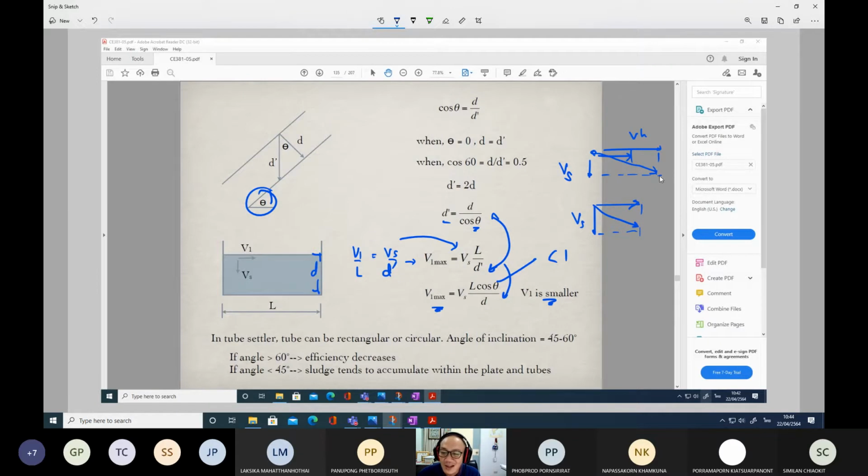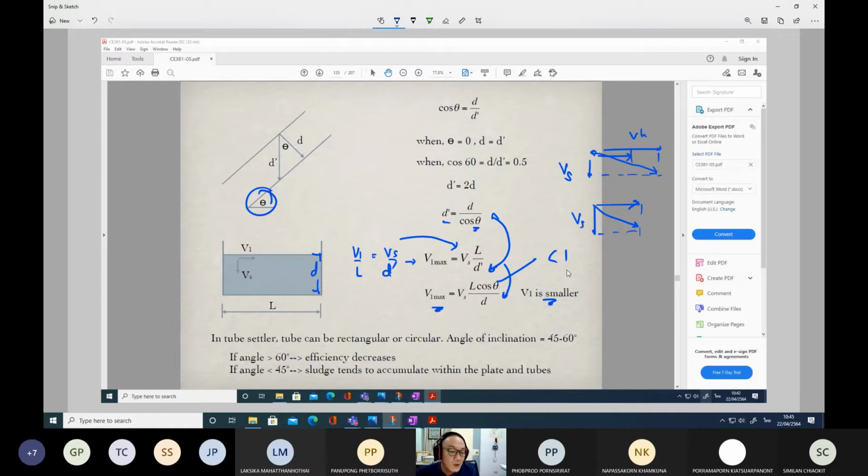Instead of reaching the end of the settling zone, it reaches somewhere closer to the inlet. So this is how the inclined plane enhances the removal efficiency.